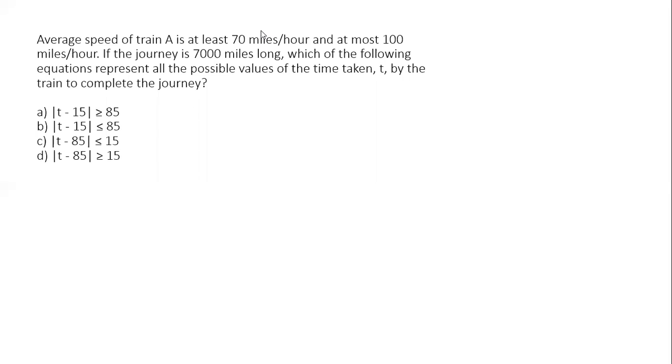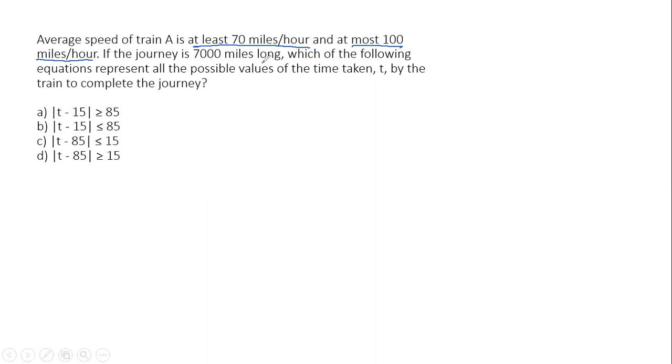So here, guys, this question is actually dealing with conversion of range back into modulus. Now here they say that the average speed of train A is at least 70 miles per hour and at most 100 miles per hour.